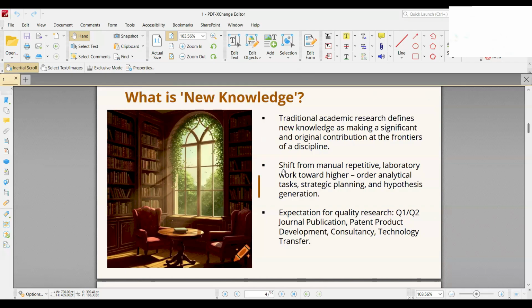The traditional academic research defines new knowledge as making a significant and original contribution at the frontiers of a discipline.